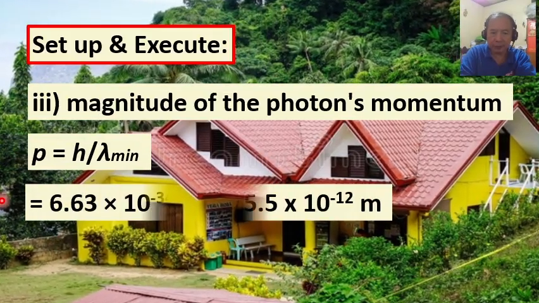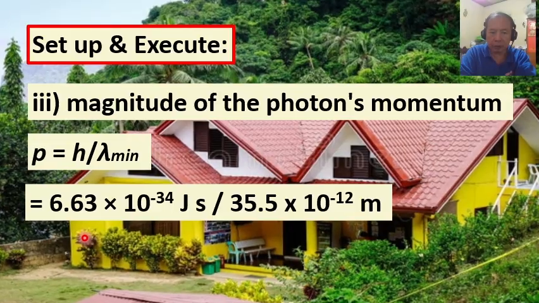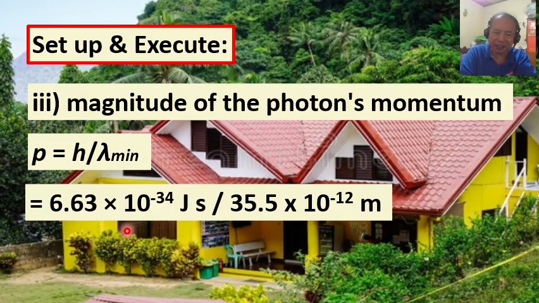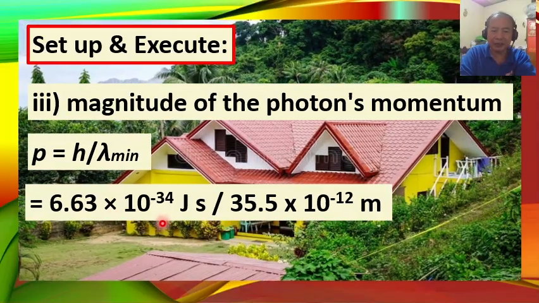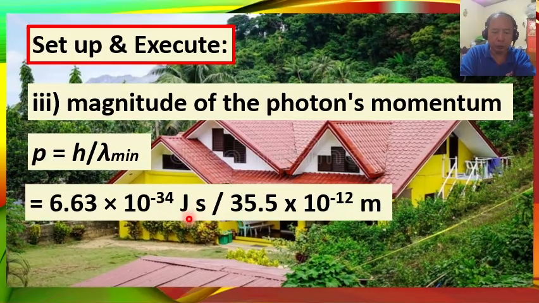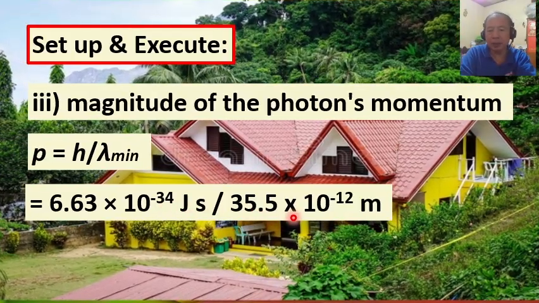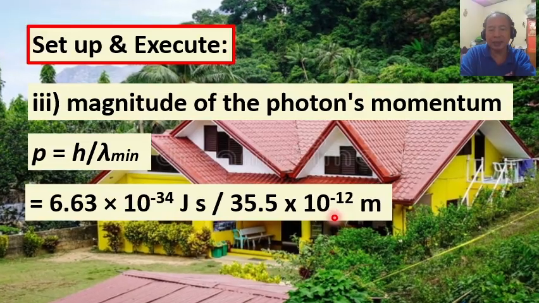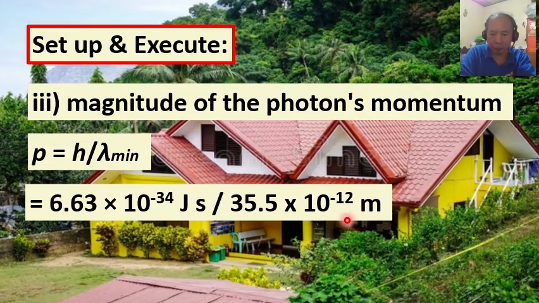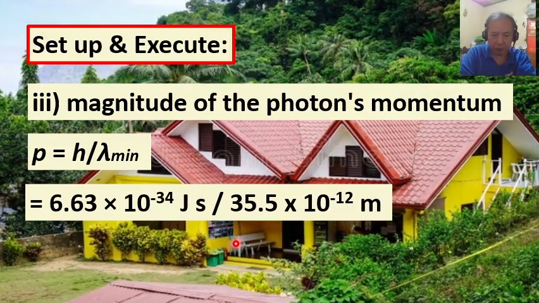That is, p is equal to 6.63 times 10 raised to the negative 34 joules second divided by 35.5 times 10 raised to the negative 12 power meters.